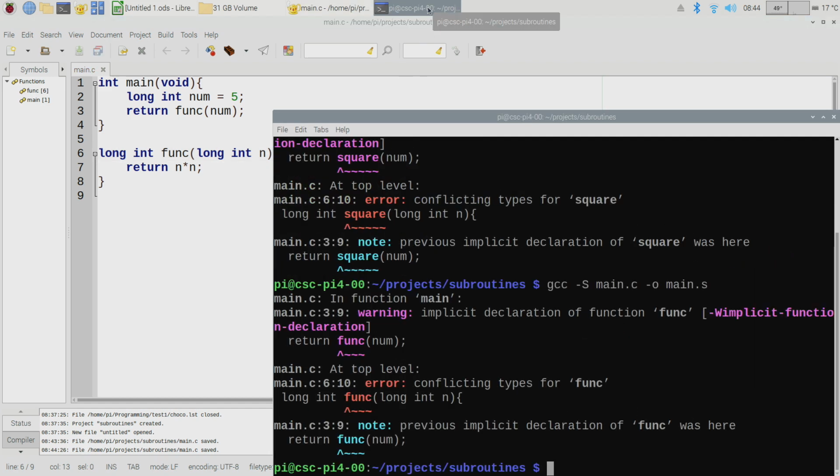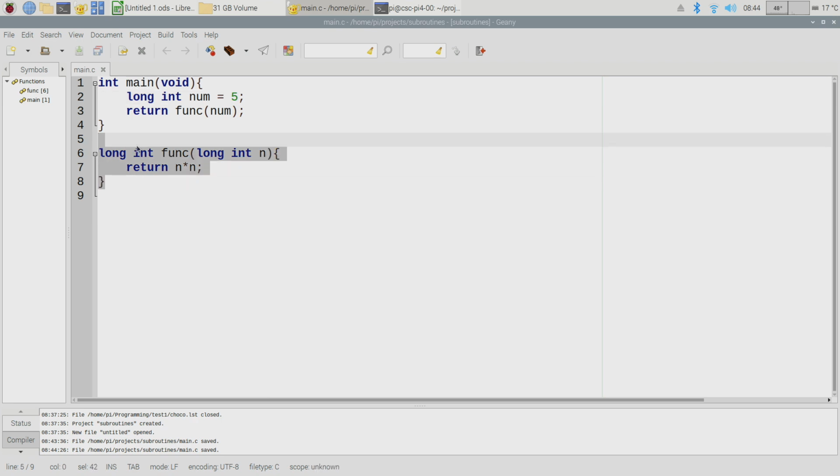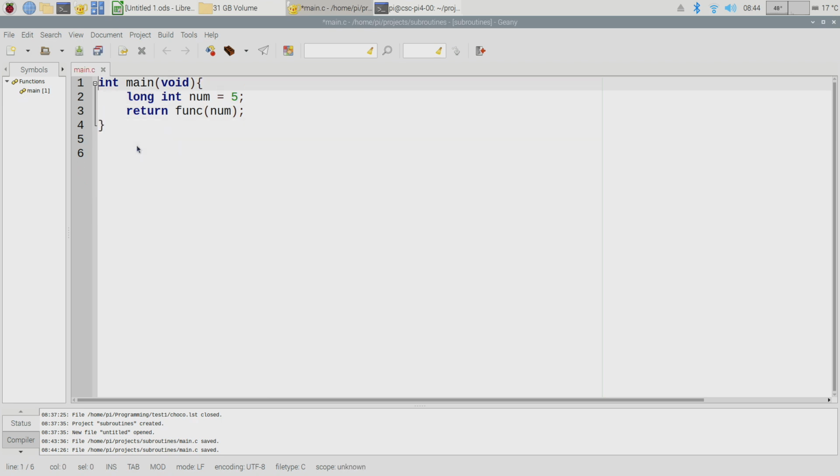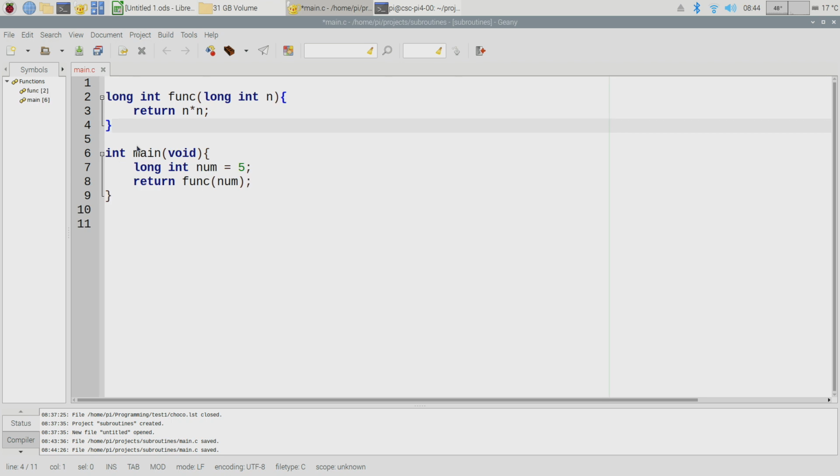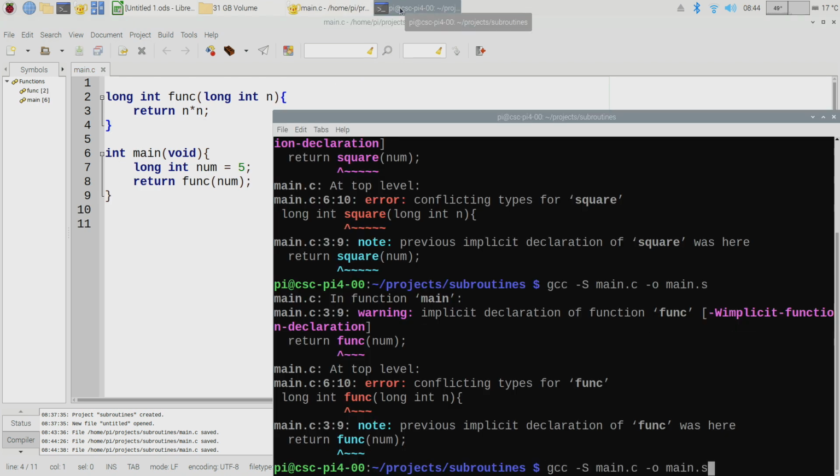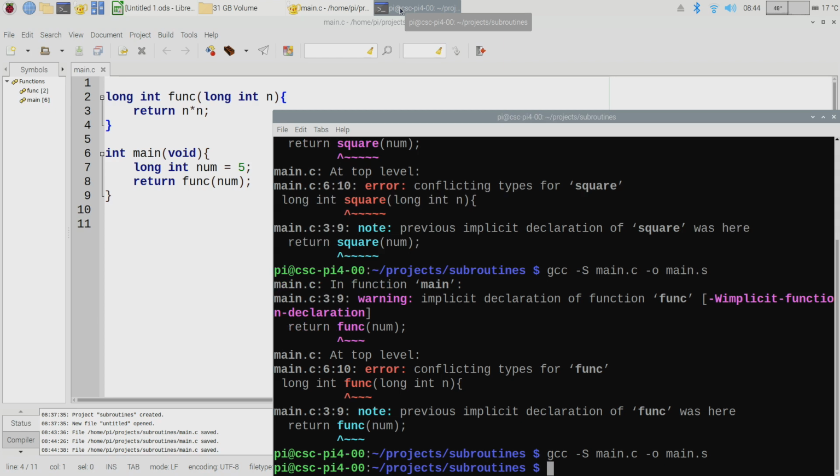See if it likes that better. Nope, doesn't like that either. Okay, so what do I have to do? I probably have to put this there. Okay, there we go. Good.